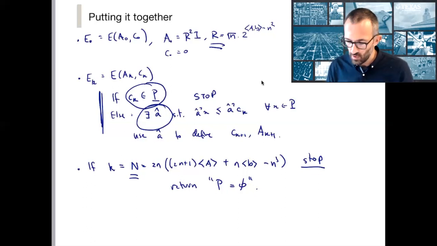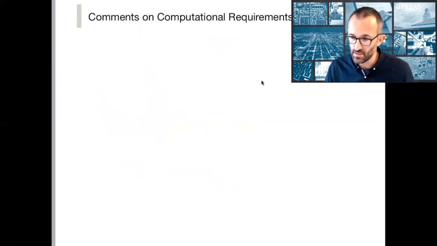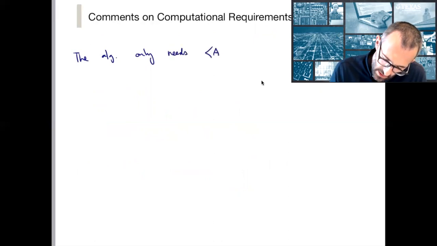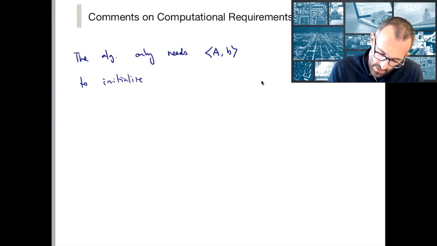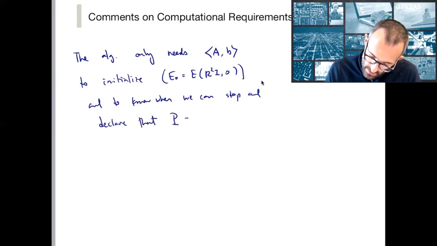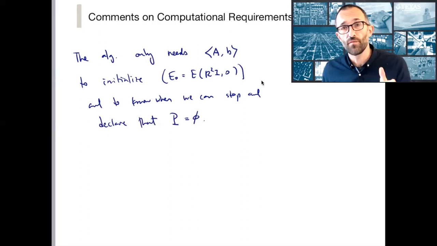So let me summarize this: the algorithm only needs the description length of A and B to initialize, because we initialize at E0, which is the ball R squared I centered at 0, and to know when we can stop and declare that P is empty.